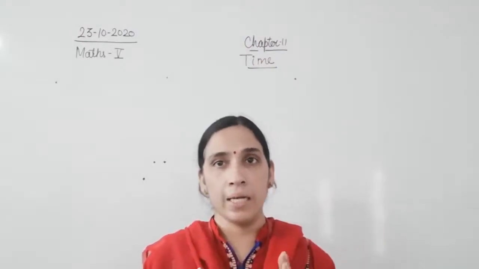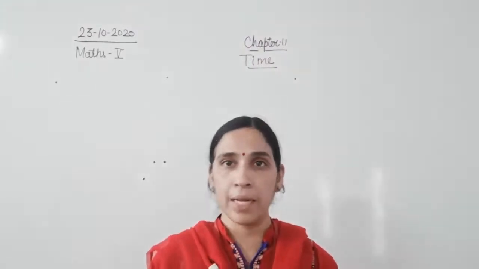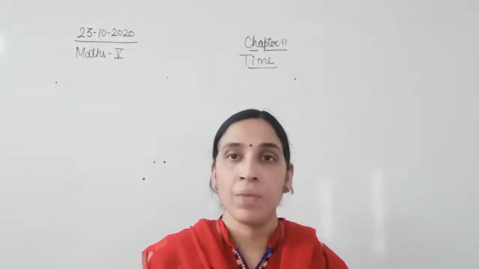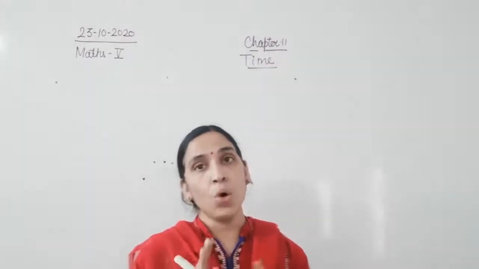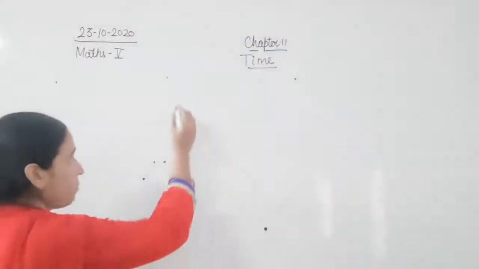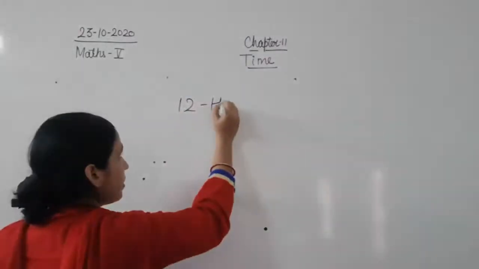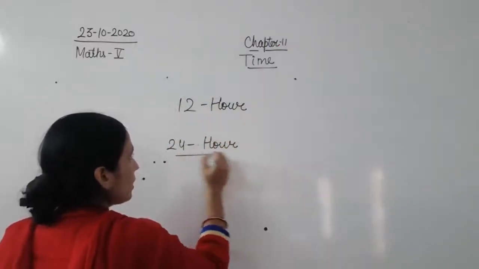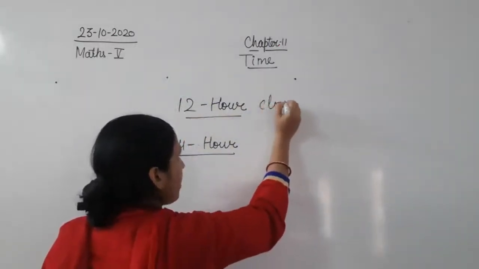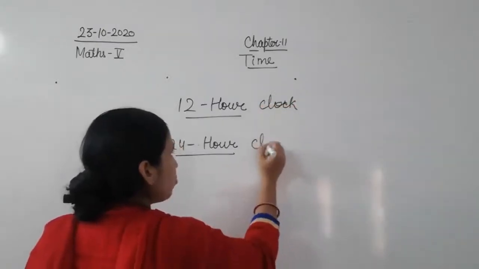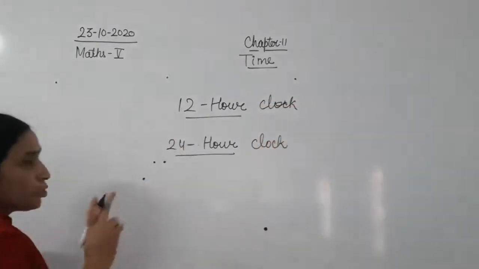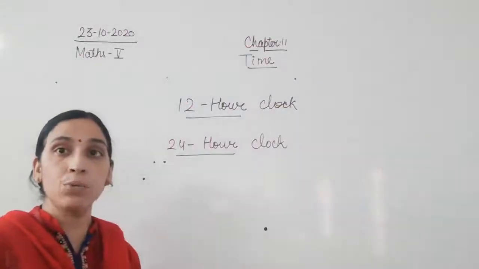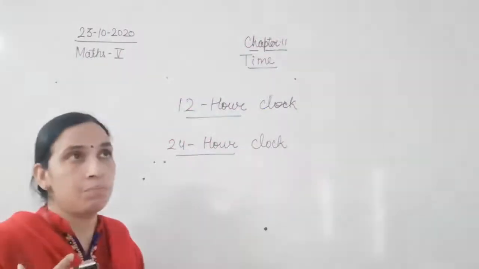Children, we already finished how to do addition and subtraction, and today we will see how to find time duration. Now children, you are all aware of the 12-hour clock and the 24-hour clock. What is the difference between these two? The 12-hour clock uses AM and PM, like when you write 3 PM.